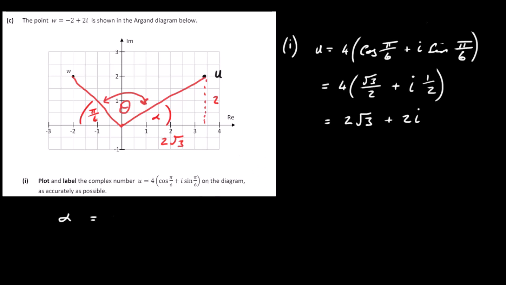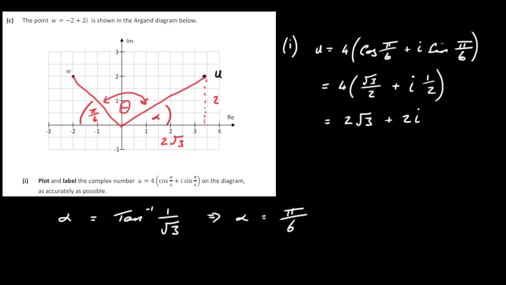So alpha is equal to tan inverse of 1 over root 3. We have 2 over 2 root 3, the 2's cancel and we end up with 1 over root 3. So the tan of what gives you 1 over root 3? It's going to be pi over 6. So alpha is pi over 6, or just 30 degrees.